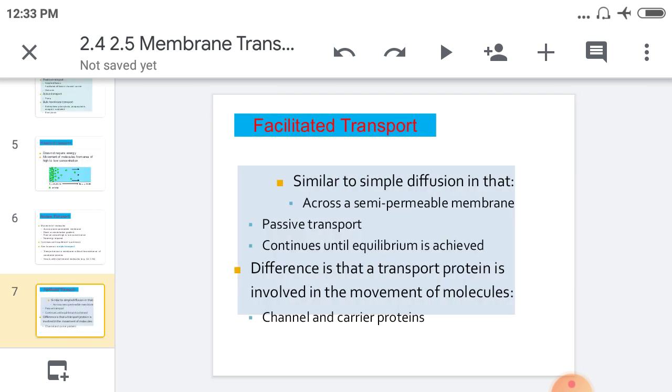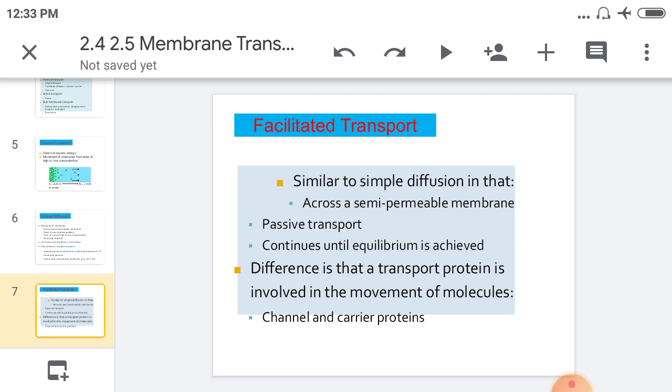Then going toward the second type of passive transportation, that is facilitated diffusion. In this type of transportation, molecules are transported from higher concentration to lower concentration along the concentration gradient without use of energy.